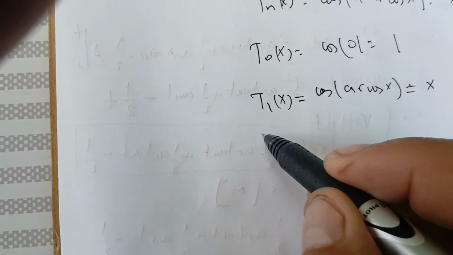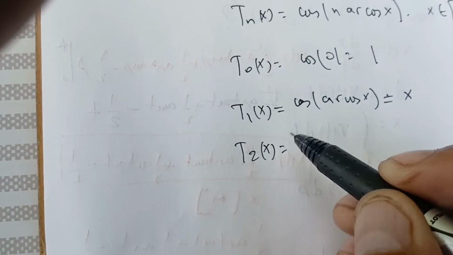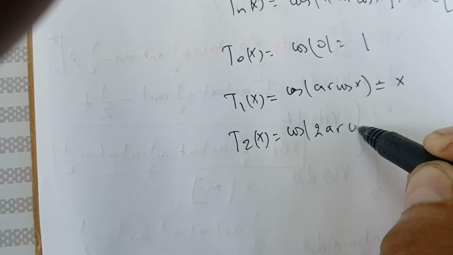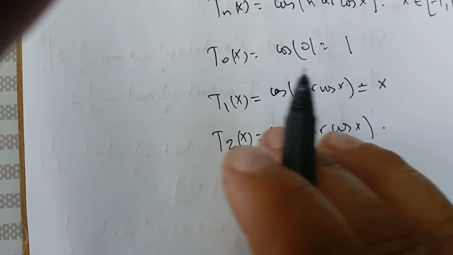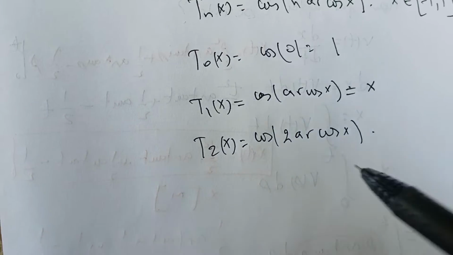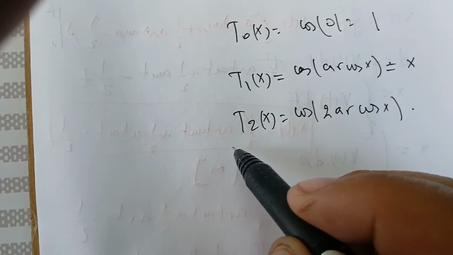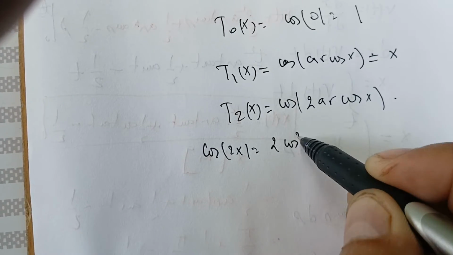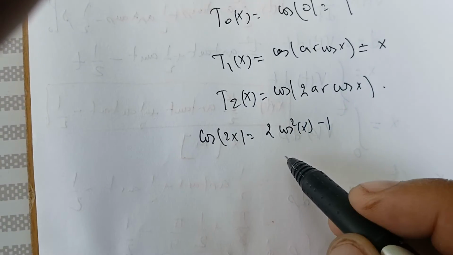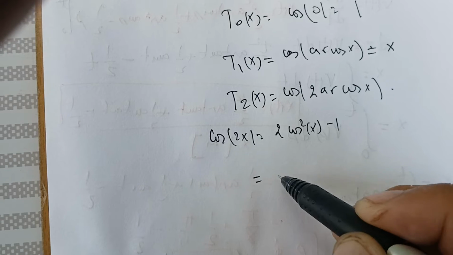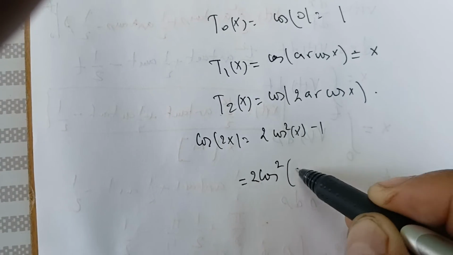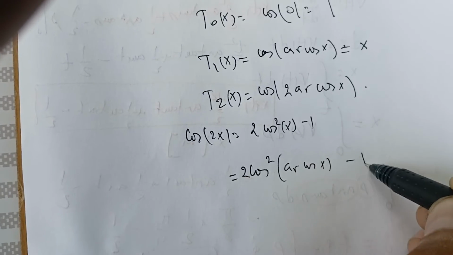Now we're going to see what we get when n equals 2. We have the cosine of 2 arc cosine of x. Here we have to do some work, remembering that the cosine of 2x is 2 cosine squared of x minus 1. Doing so, we get 2 cosine squared of arc cosine of x minus 1.